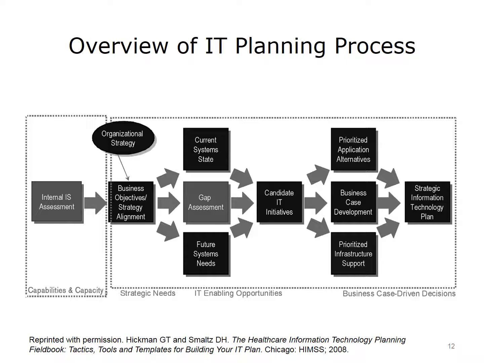When you drill down into it, you can get lost or overwhelmed in the complexity of the planning process, but it's still very necessary. A good IT planning process helps an organization identify IT initiatives that help support the organization's strategy. Let's move on to the next few slides, where we'll look at the component parts of the IT planning process.